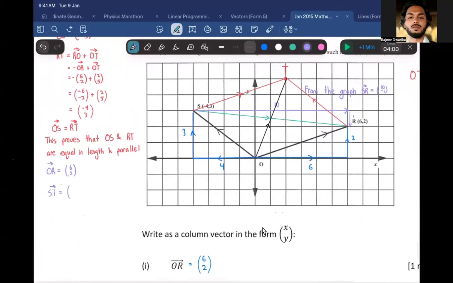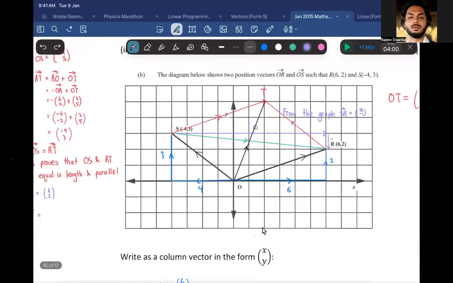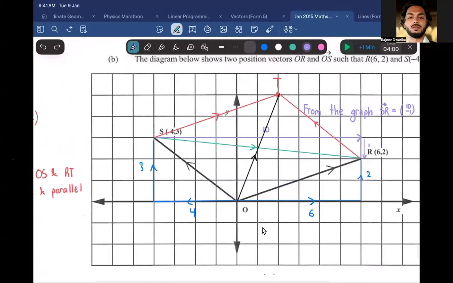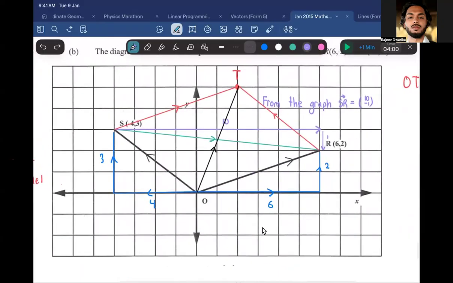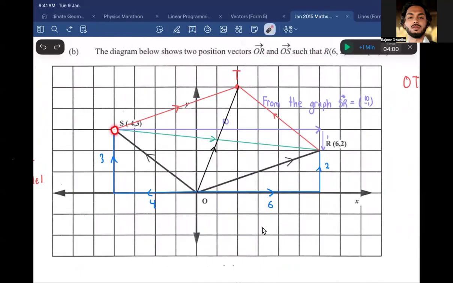So Mira, how would I find S to T? How would I go from S to T? We know we started off at S. What's the next step?